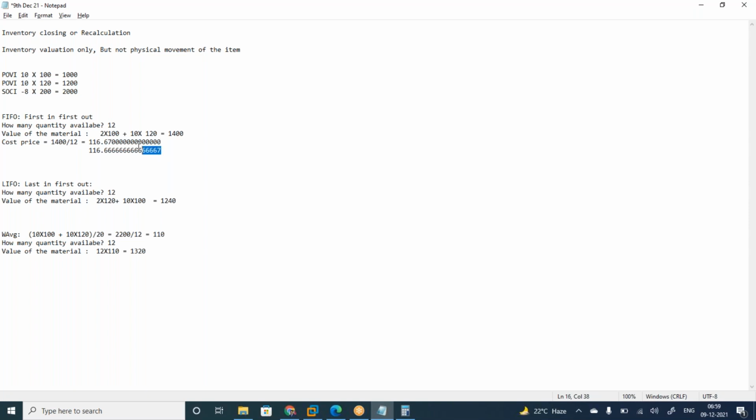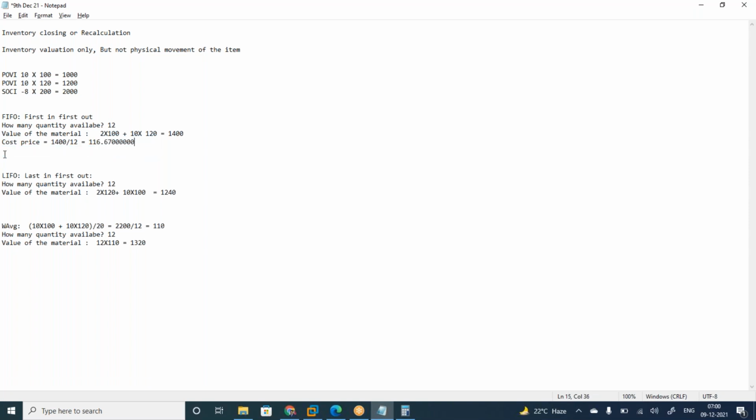Do you agree with me? Technically there is a difference value between these two, but it is negligible, 0.000000000003. We are going to discuss this in a few days.